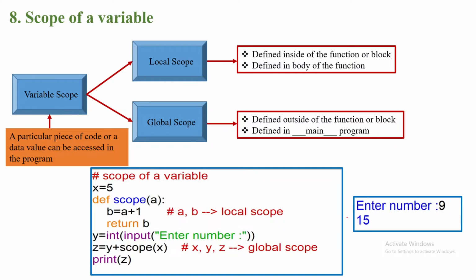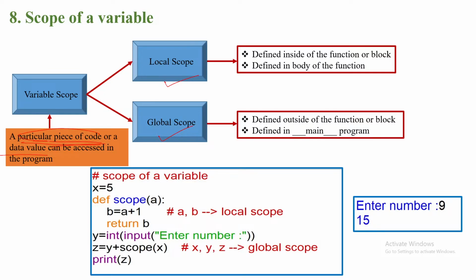Now this is the last topic, scope of a variable. What is that? A variable has two scopes. Which ones? Local scope and global scope. What is variable scope? First we will see, variable means what? It is a particular piece of code or a data value.